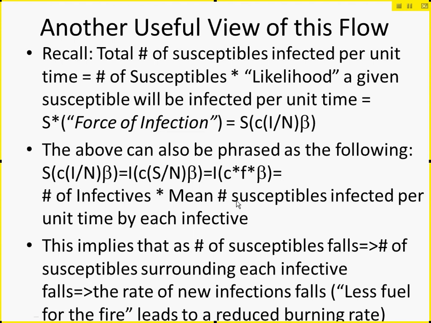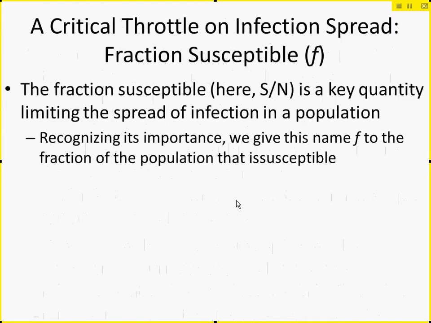Okay? As the number of susceptibles falls, the number of susceptibles surrounding each infective falls, and the rate of new infection falls. I can't spread this fire to more and more things, because more and more things around me are charred. They've already been infected. They're already recovered in some cases, potentially. And so I have to work harder and harder to spread the infection. And that's going to be the critical throttle, the fraction susceptible around me.